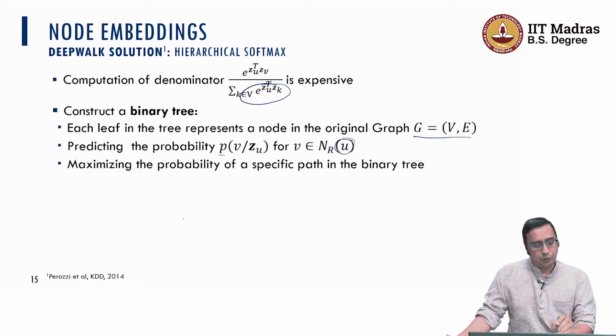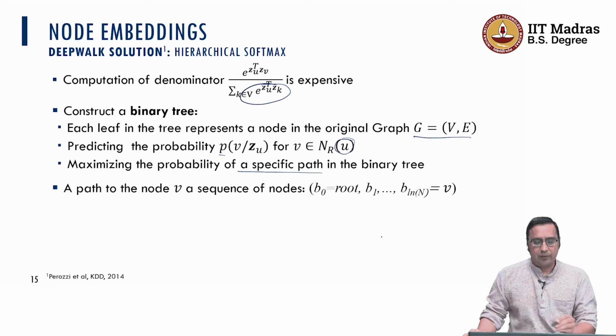We are actually interested in maximizing this probability in general. So instead of looking at all the nodes, we are going to look at certain specific paths in the binary tree to predict this and maximize this probability.